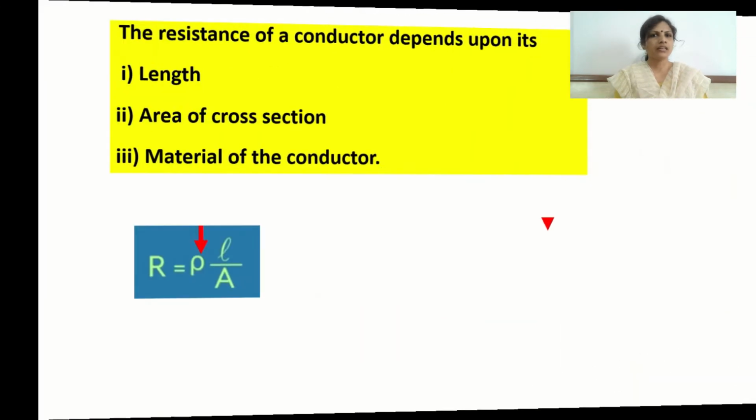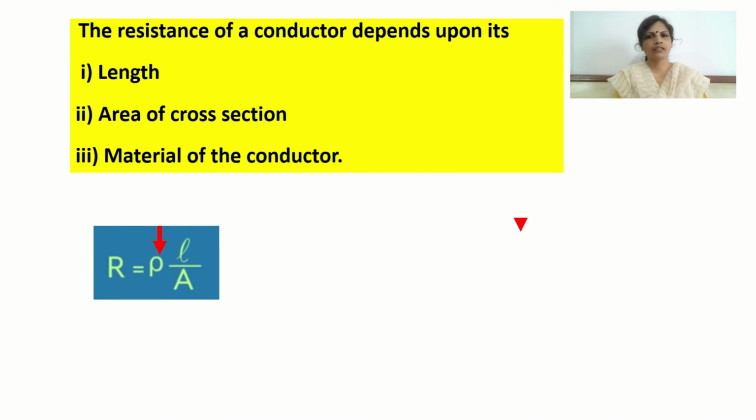We also discussed that the resistance of a conductor depends upon certain factors. First factor is the length of the conductor. So the resistance is directly proportional to the length of the conductor. As we increase the length of the conducting wire, its resistance increases. Second factor is area of cross section.